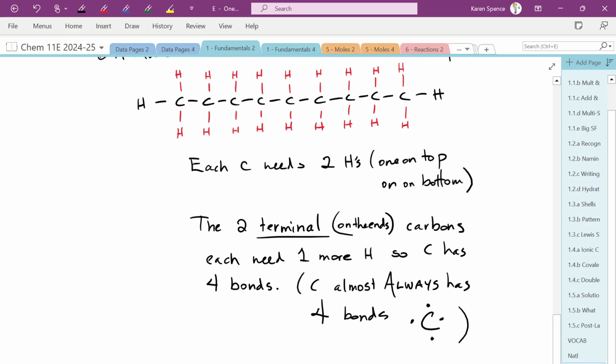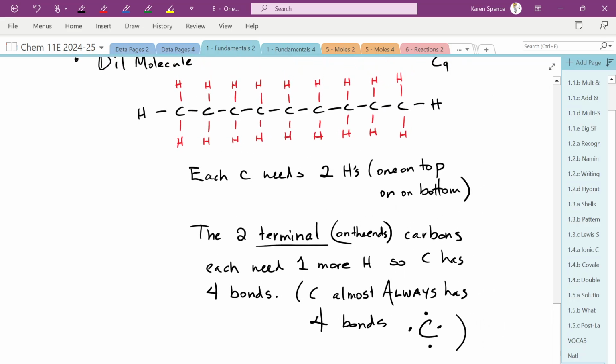So in truth, this molecule is not actually an oil molecule. It is actually a really simple form of hydrocarbon. See if you can remember the name of that group of hydrocarbons that have only single bonds, and it's just carbon and hydrogen. Okay. Great.